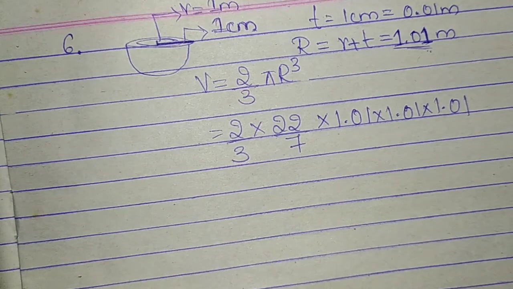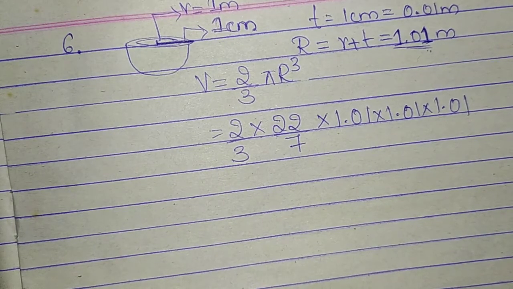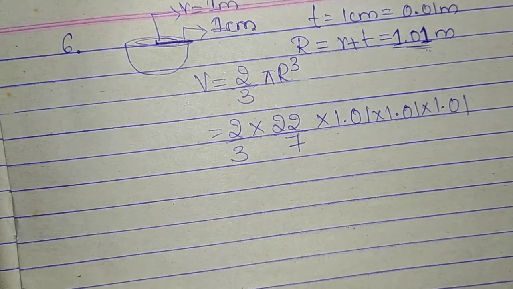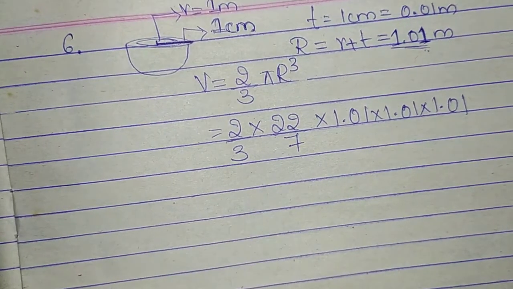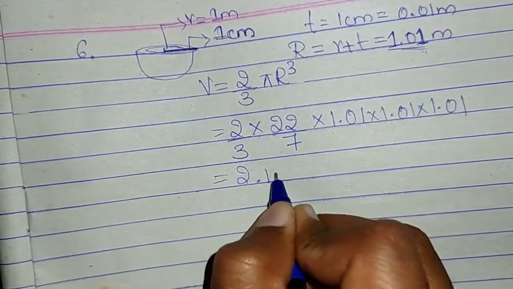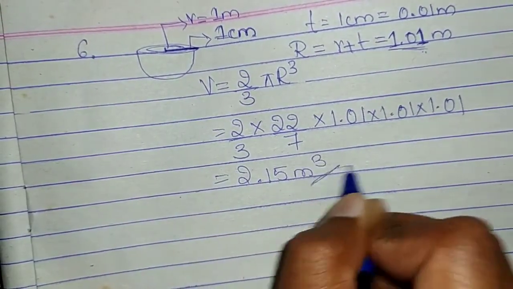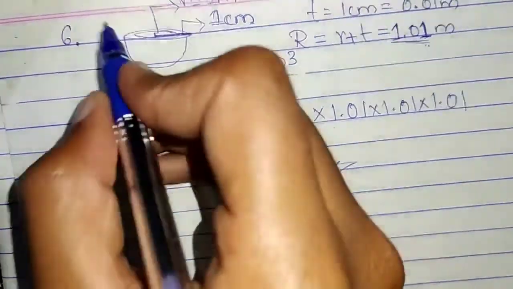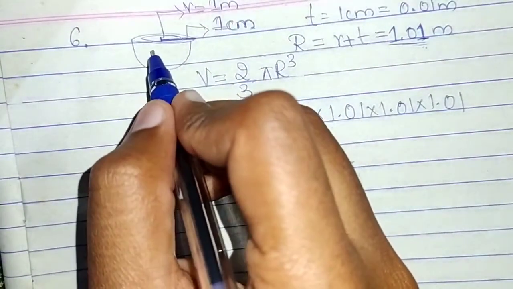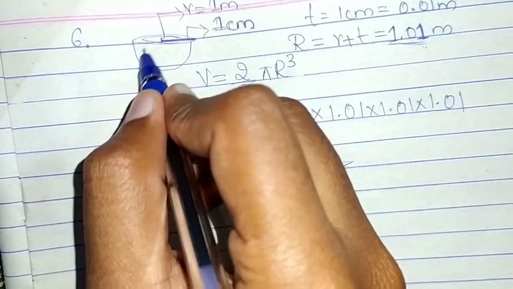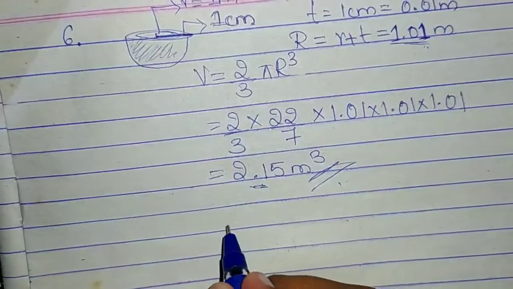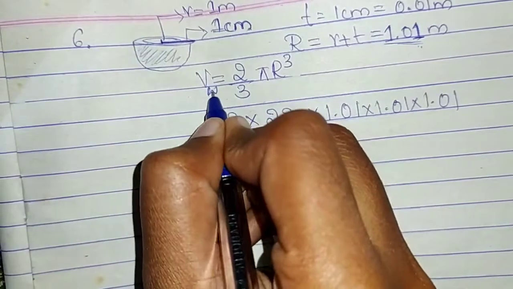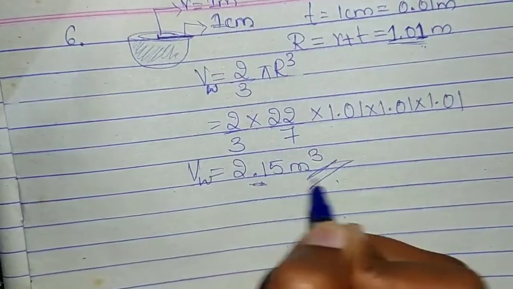On multiplying 2 into 22 into 1.01 into 1.01 into 1.01, divided by 3 times 7, which is 21, this is equal to 2.15 meter cube. Since it is a tank, this 2.15 meter cube gives the volume of the complete tank, but we are supposed to find only the volume of the iron sheet used. So this is the volume of the whole tank, VW, and VW is equal to 2.15 meter cube.